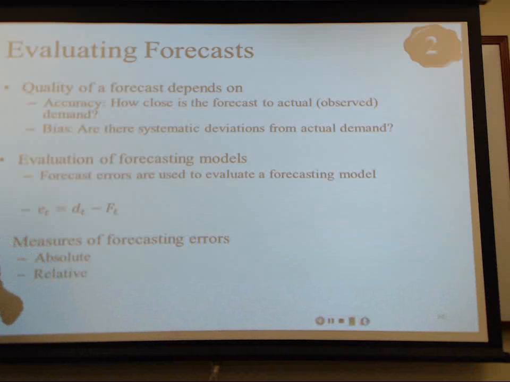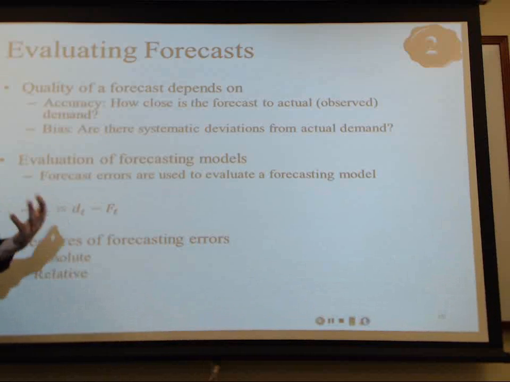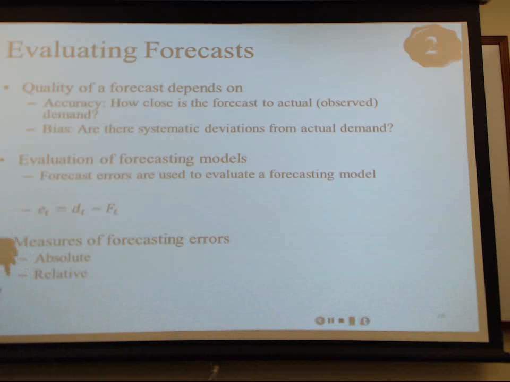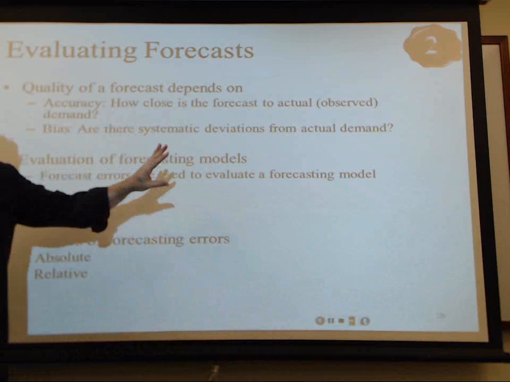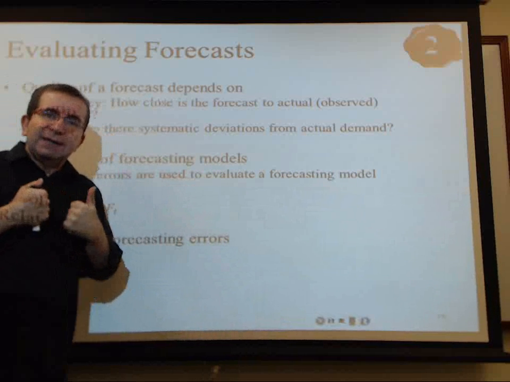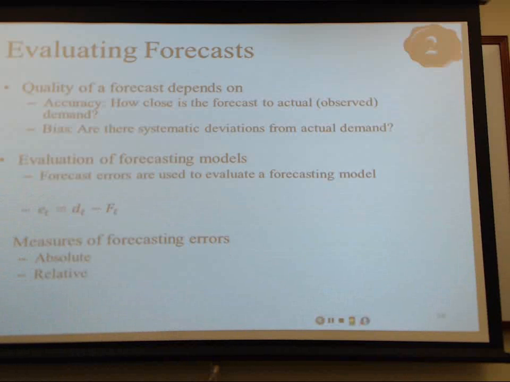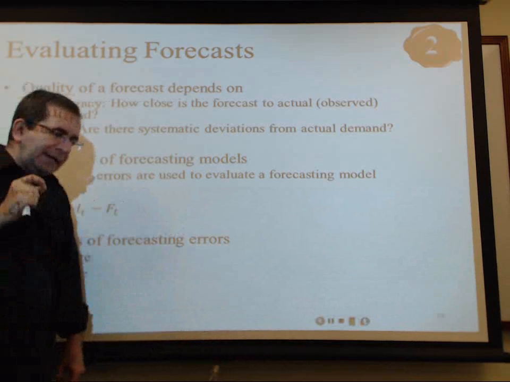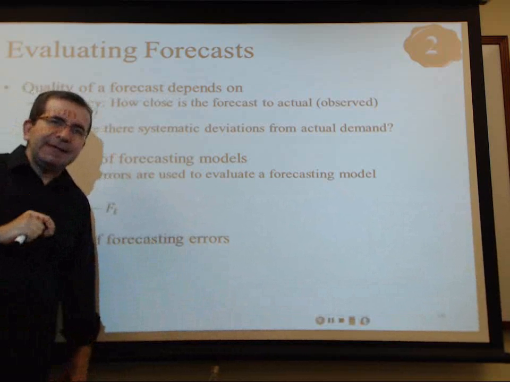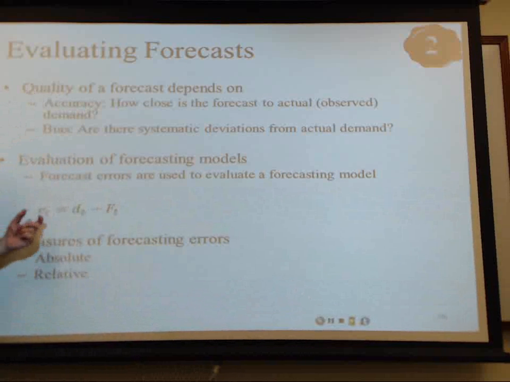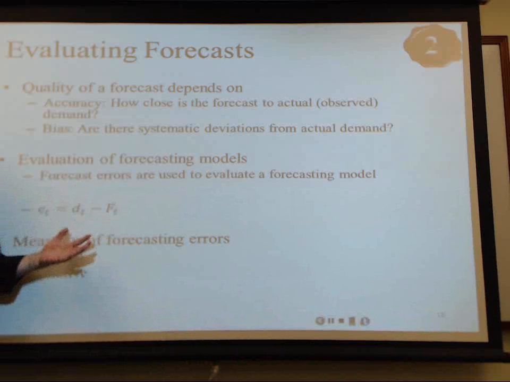There is no single number that describes the entire financial situation of the firm. Similarly, there are multiple measures of forecast quality that evaluate the forecast from different perspectives. But one thing that all forecast quality measures have in common is all of them are based on the forecast error that we just talked about.